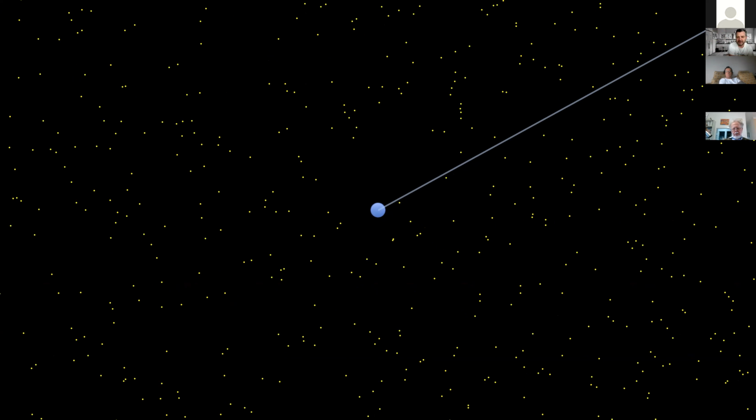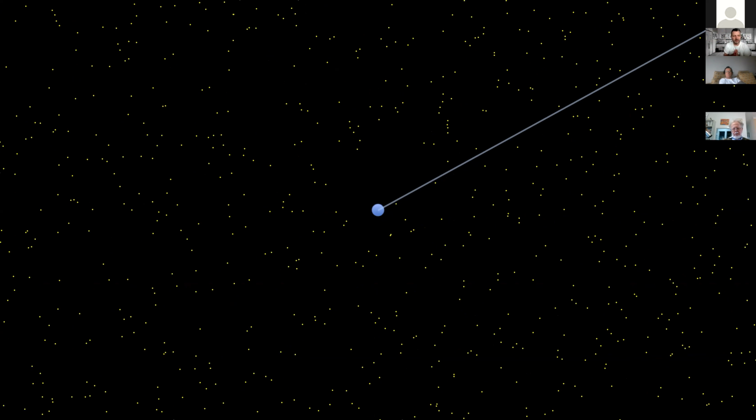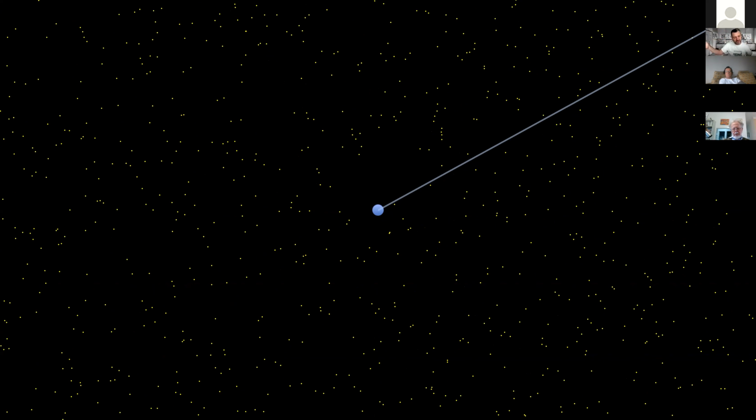But eventually, okay, if we go far enough, if our universe is infinitely large and is filled with stars and is infinitely old, so light has had time to travel everywhere, eventually this line of sight will impact onto a star. And it's not difficult to calculate this, right? As you go further, the stars are smaller on the sky, but the further you go, the more of them there are because the volume is larger.